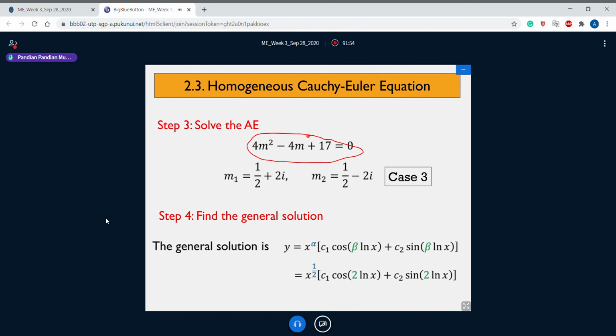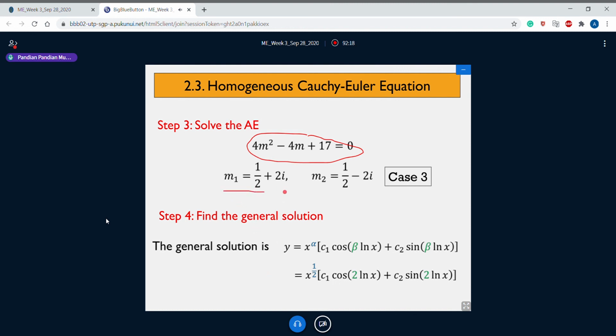This is the difficulty that you will face. This one is not easy to factorize because this is a complex root. Normally for a complex root, you must use the formula m equals minus b plus minus root of b squared minus 4ac, divided by 2a. Write down, yeah? So we are using that formula.